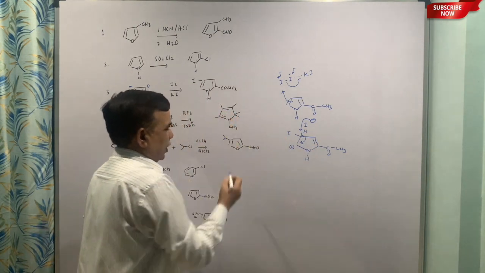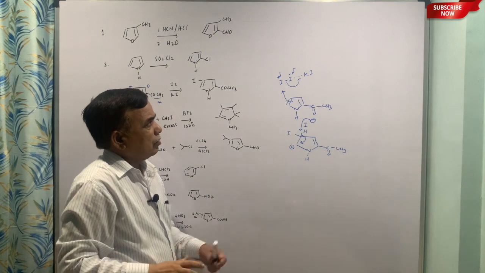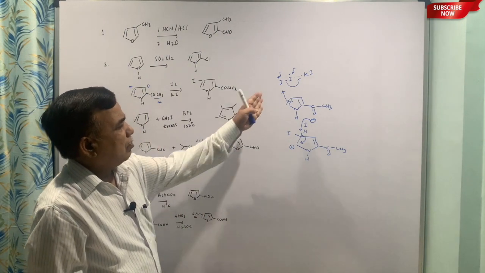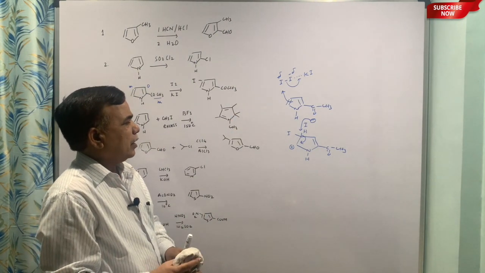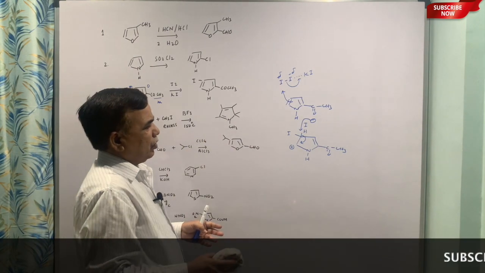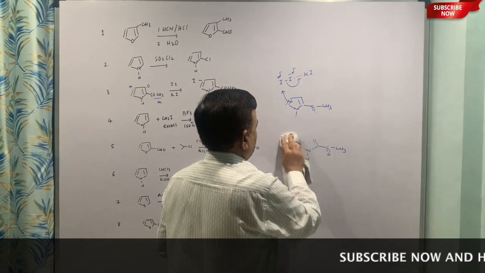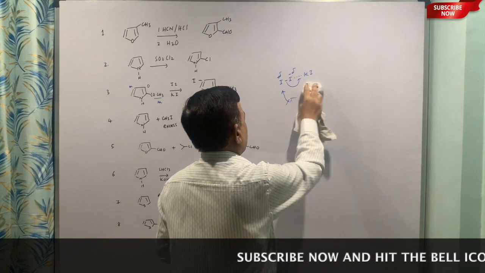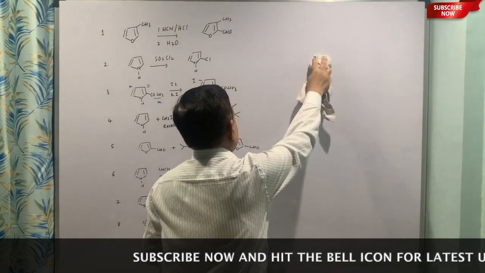So that is how you get the compound. The weakening of the I bond, the interhalogen bond, and then the I minus which is going out can help in the abstraction of the proton, which is necessary for restoring the aromatic sextet.